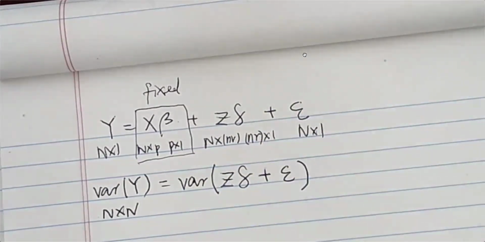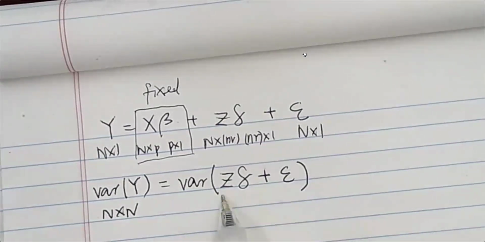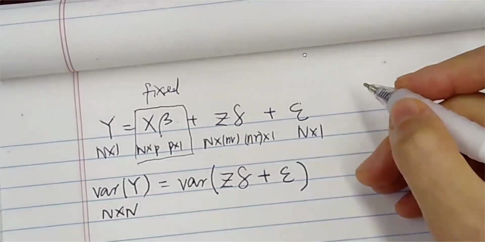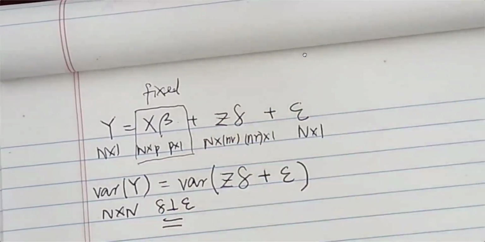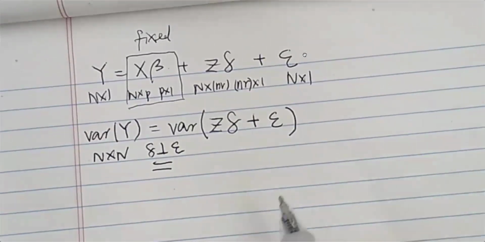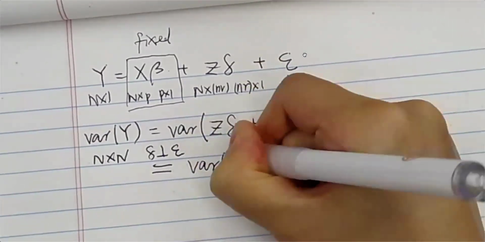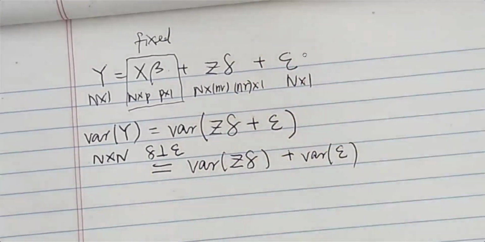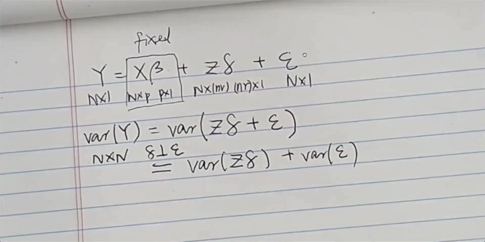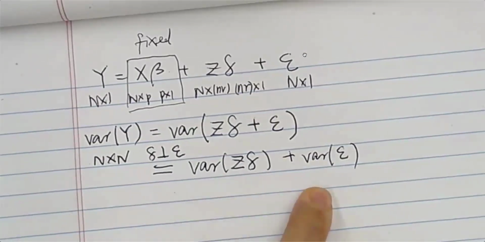Here, the independence between delta and epsilon is crucial, because when we write out the variance of a sum, we need to make sure there's no covariance between the two terms. Because random effects are independent of error terms, it becomes the variance covariance matrix of Z delta plus the variance covariance matrix of epsilon, and they're both N by N.